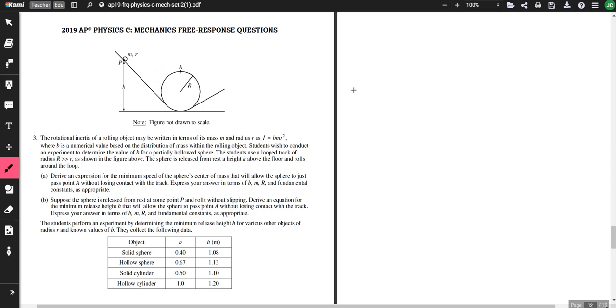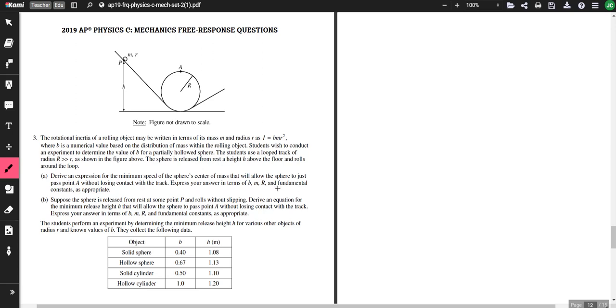So the way we're going to do this, it doesn't even require any rotational inertia. One thing to note is that this question says to express your answers in terms of B, M, R, and fundamental constants. It's important to note that not every term is going to be used.